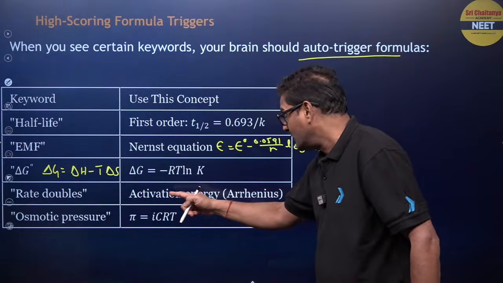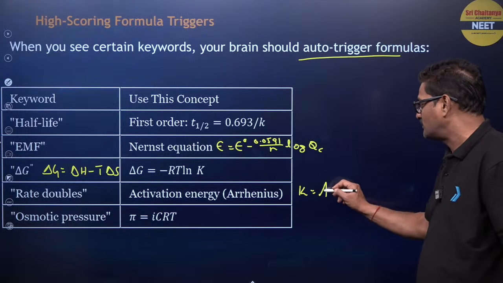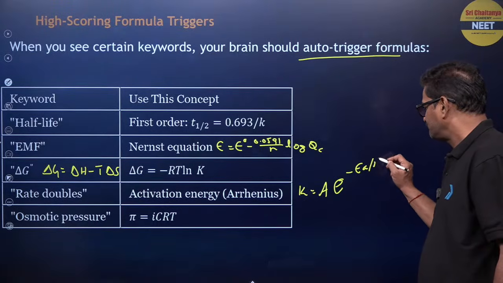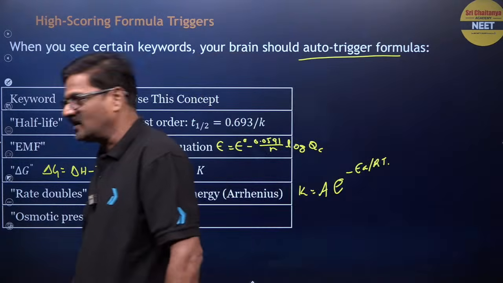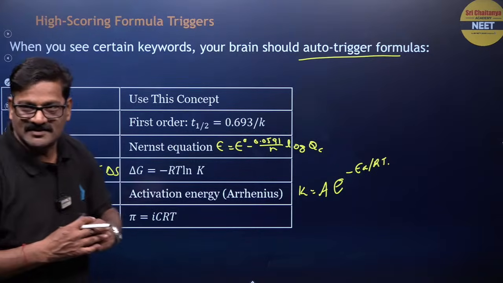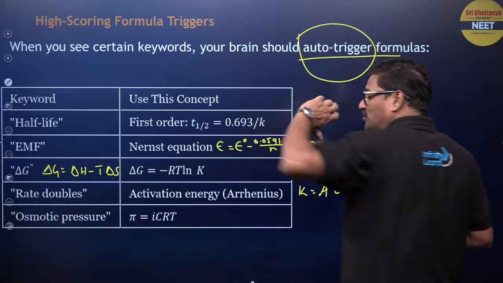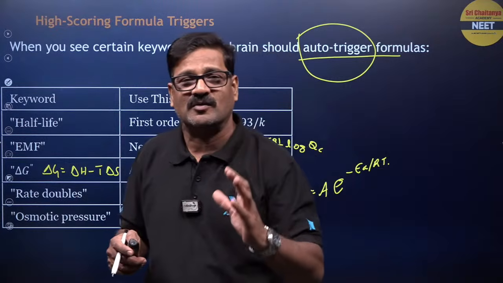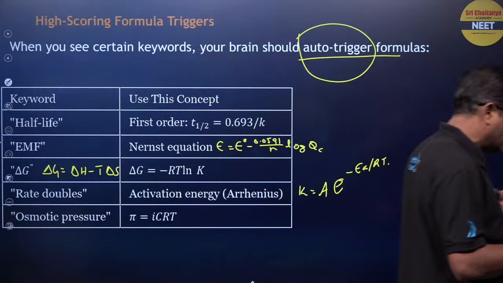And rate doubles, activation energy: k = A e to the power minus Ea by RT. And osmotic pressure pi = iCRT. You have to instantaneously recall all these things. So you have to tune your brain in such a way that you recall the formulas by the auto triggering method. If you have any doubts, please ask us.